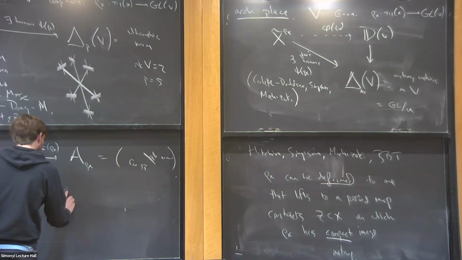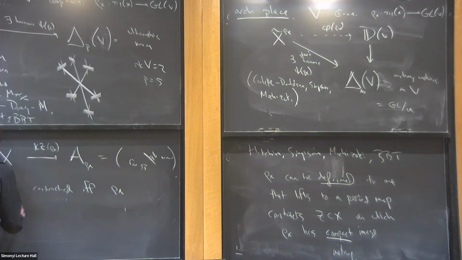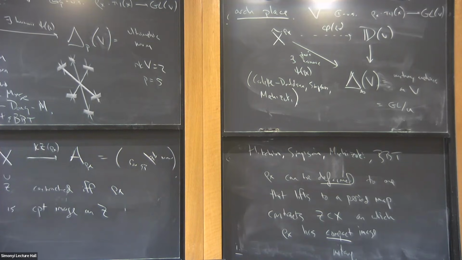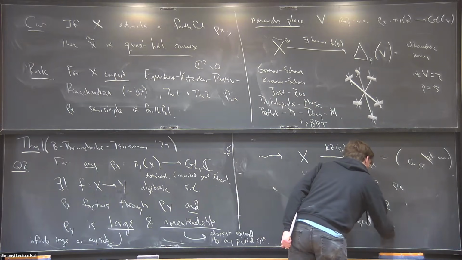Z is contracted if and only if rho restricted to Z is compact image, which in this case means it has an integral structure. In other words, this is a p-adic lattice.